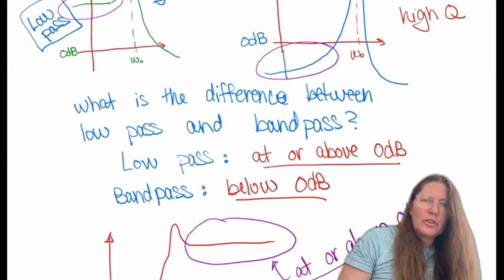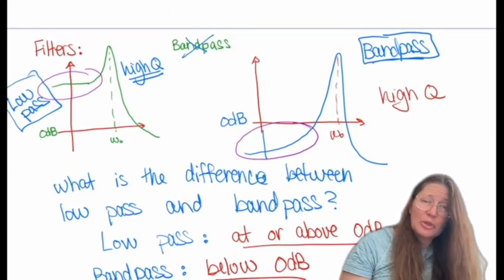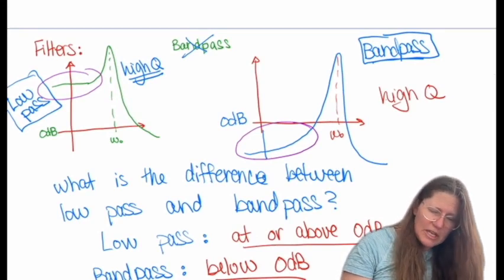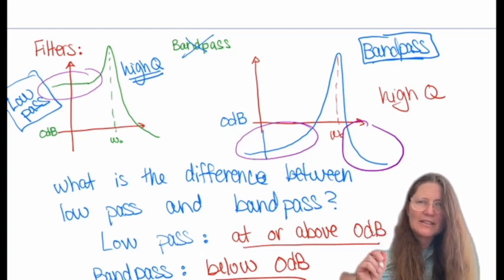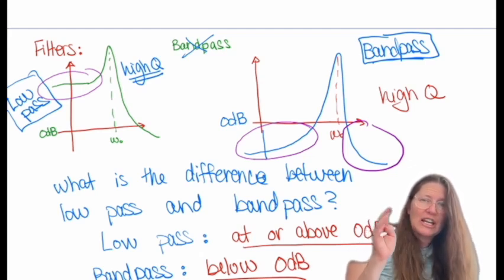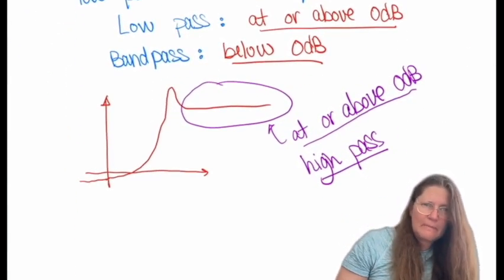And then for the band pass, you can see how it goes below 0 dB before the peak and after the peak. So that is what's going to determine when it's band pass, is that before and after. If after it stays at or above 0 dB, it's going to be still a high pass.